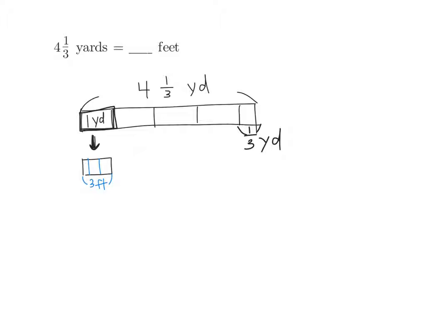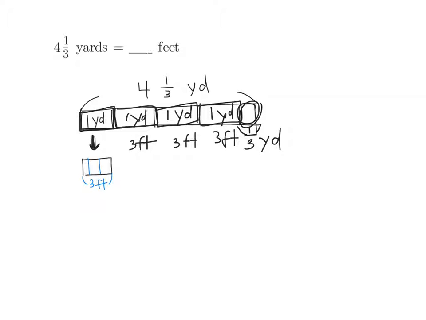What that tells me is that in this second yard, there's also 3 feet. This third yard, there's also 3 feet. And in this fourth yard, there's also 3 feet. This last part, 1/3 of a yard that's remaining, that's exactly 1 foot. So then I can count all together. I have 3, 6, 9, 12, and 13 feet.